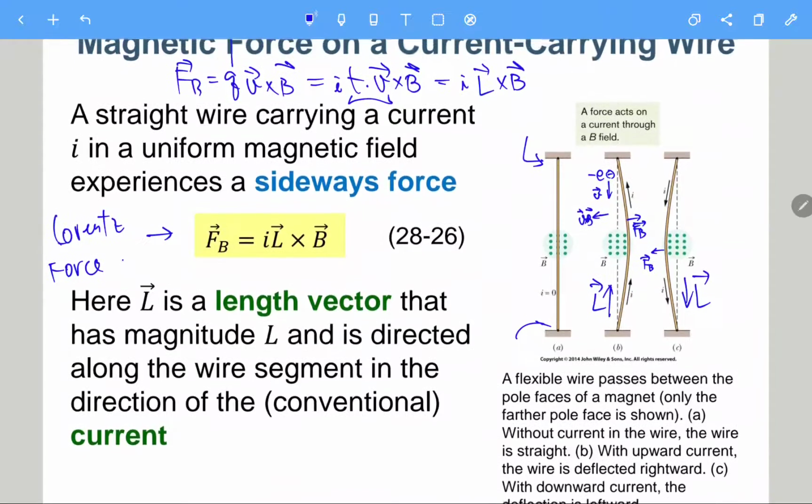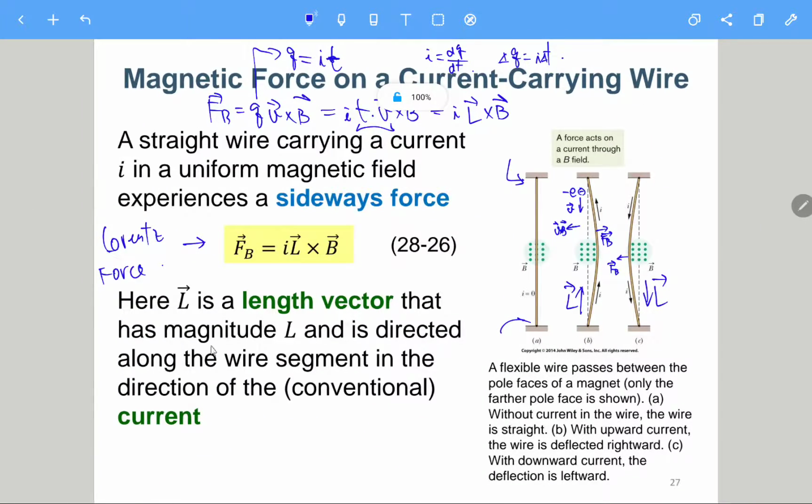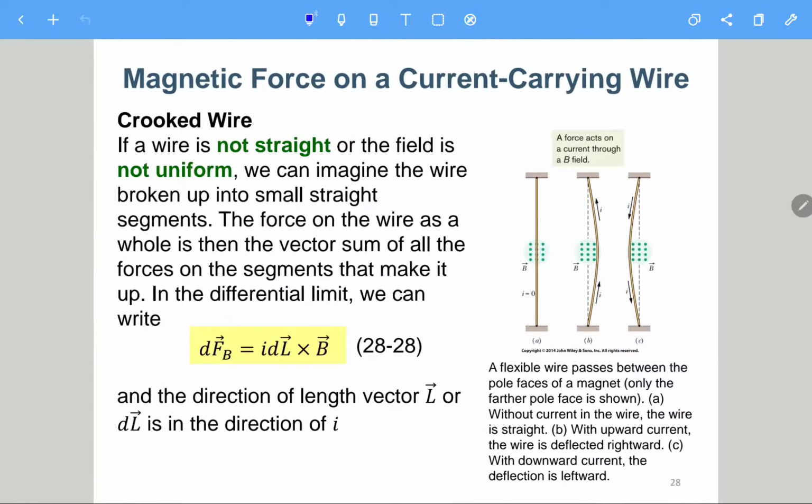Here L is a length vector that has magnitude L and is directed along the wire segment in the direction of the current, the conventional current. Conventional current means the direction of I. And now maybe the wire is not straight, so we can just cut the wire into many parts, and then we have dFB equals I dL cross B. So we can cut the wire into this part is a dL, this part is another dL.